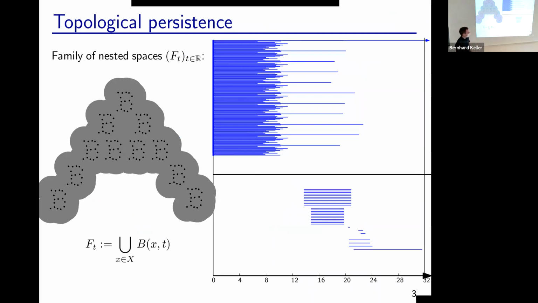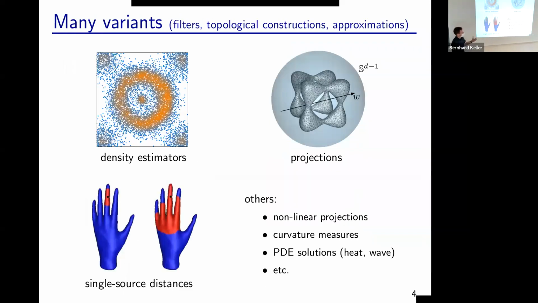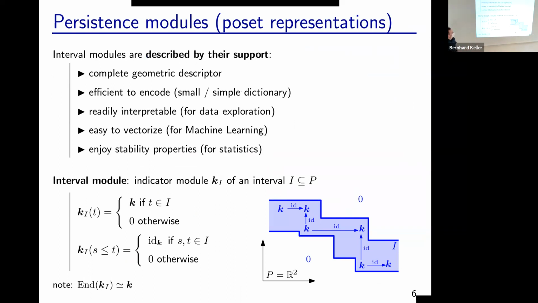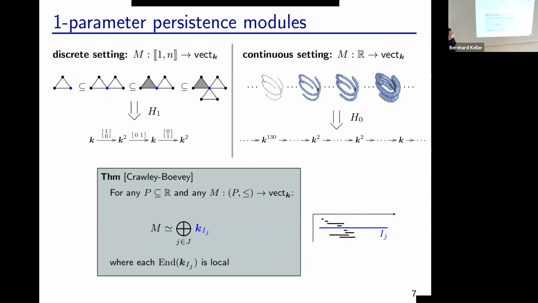They know that, for instance, this interval corresponds to a hole that appears at level maybe 13 and dies around level 20. In the same way here, you want to be able to give interval modules to the user to interpret the structure of the module. So these are really the objects we will be interested in.